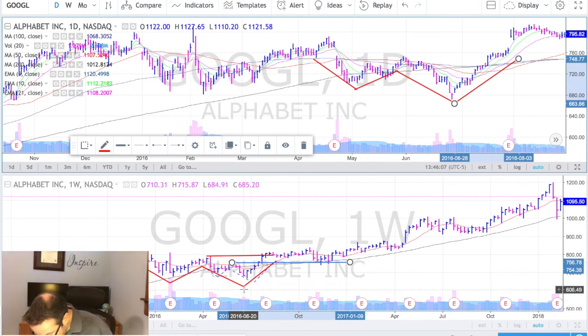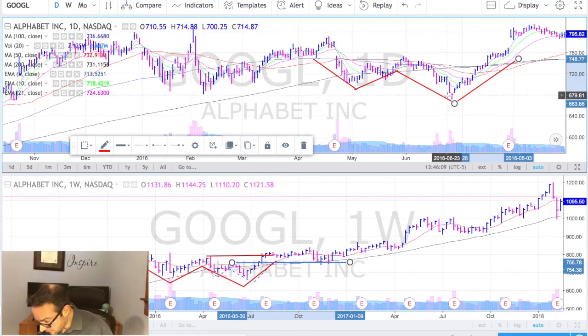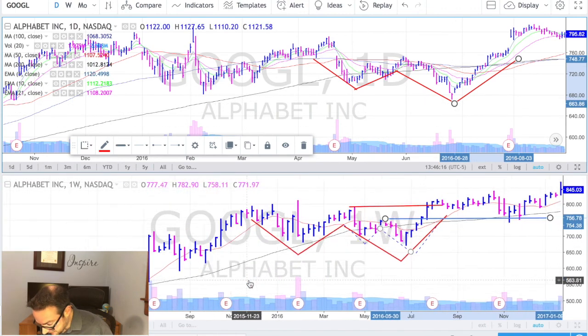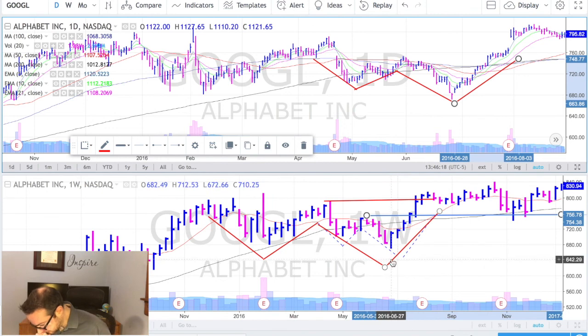So if we come over here and look at that same reversal week that we saw over here, where volume was light and it's starting to come up, well, on the weekly chart volume was much heavier, and it closed near the top of the range for the entire week. So that's Google, that's its double bottom.